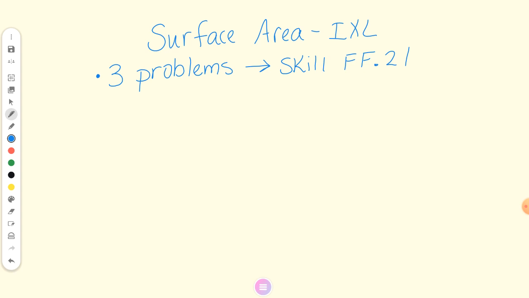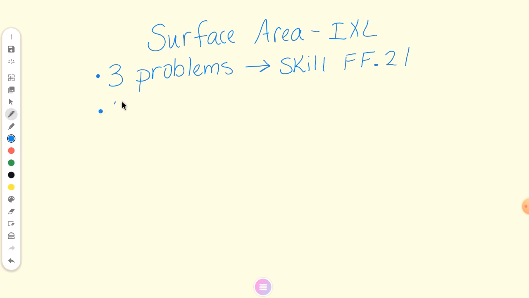Jack, let me finish talking, and then if you have questions, I will answer them, okay? In skill FF21, some of you have already done some problems, so it might already show that you've answered 3 questions. You still just do 3 more. If your SMART score is at 12, you just start where you're at. If your SMART score is at 22, you're just picking up where you left off last time you were on that skill. Some of you may be at a SMART score of 0, okay?